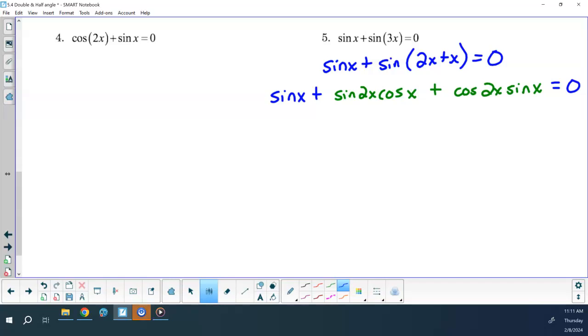Into number 21. Okay, so that this would become sine of x plus 2 sine x cosine x times cosine x, right? Okay. Third one, the one with just the signs. Okay.